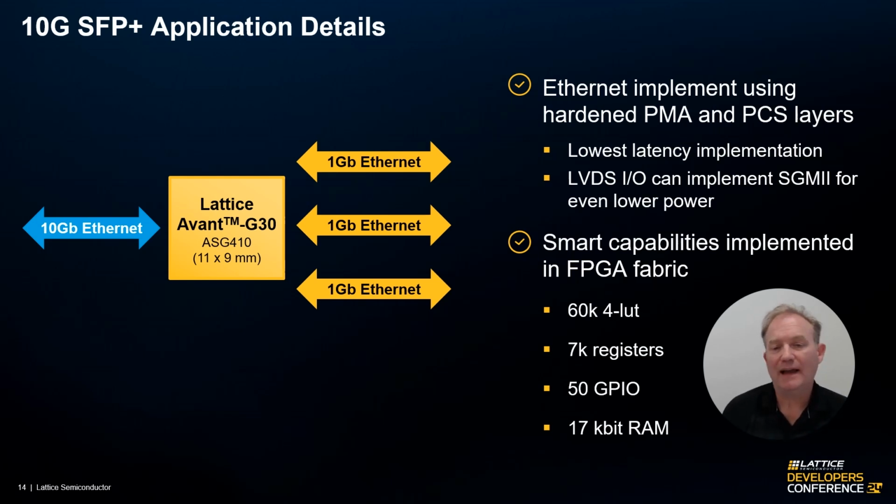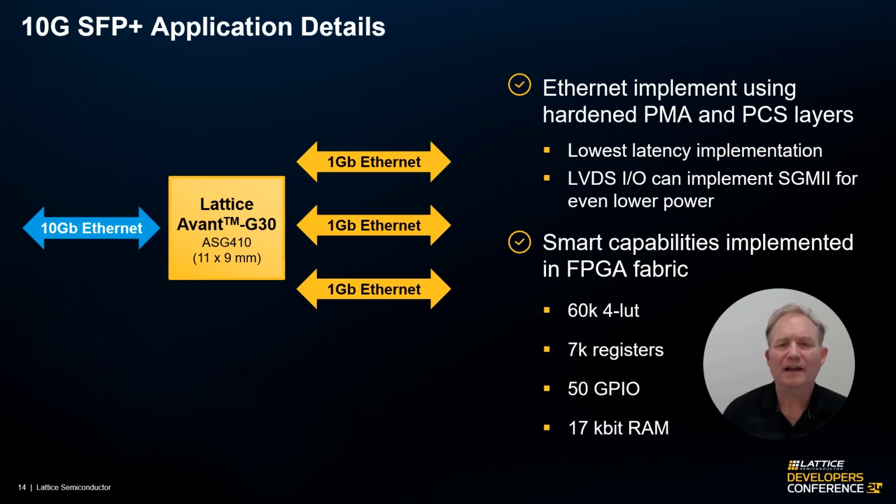For this particular application, we chose to implement both the 10 gigabit Ethernet and the 1 gigabit Ethernet using our SERDES block with its hardened PMA and PCS layers. We did that because that was the lowest latency implementation, although it's worth noting that we can also implement the 1 gigabit Ethernet over LVDS IO using the SGMII interface if lower power was desired.